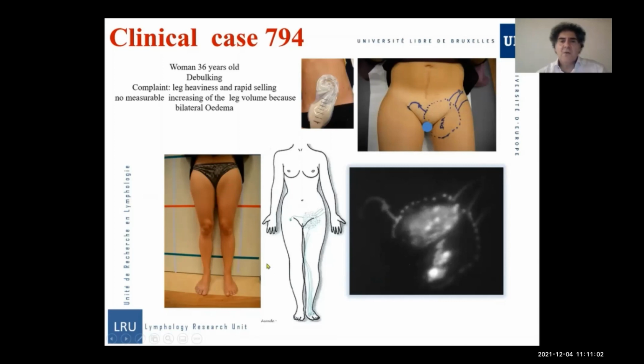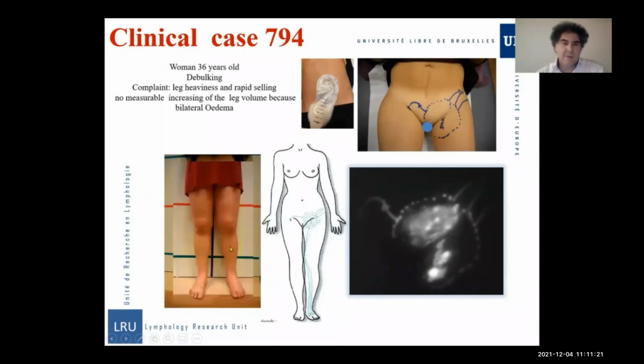She has a little bit of edema here in the inguinal or groin area, but between her post-operative situation and the treatment follow-up, this patient is really happy to have her limbs the way they are now.